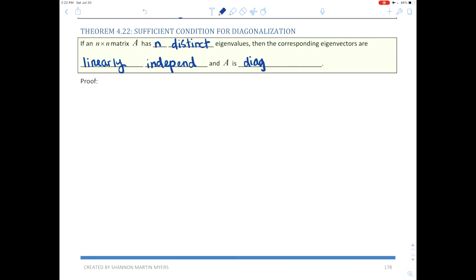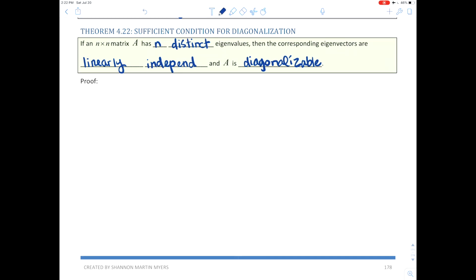But it doesn't go the other way, all right? If you do not have distinct eigenvalues, you might still have a diagonalizable matrix. But if you have n distinct eigenvalues, you know for sure that you will.